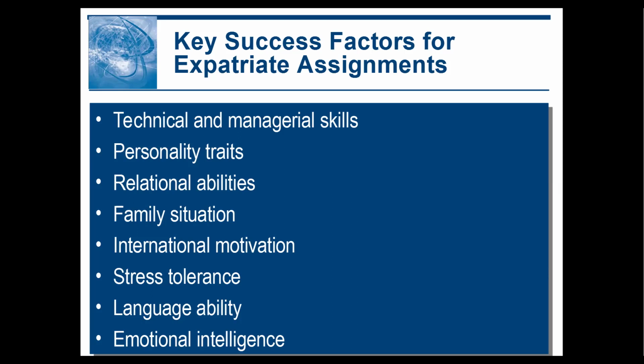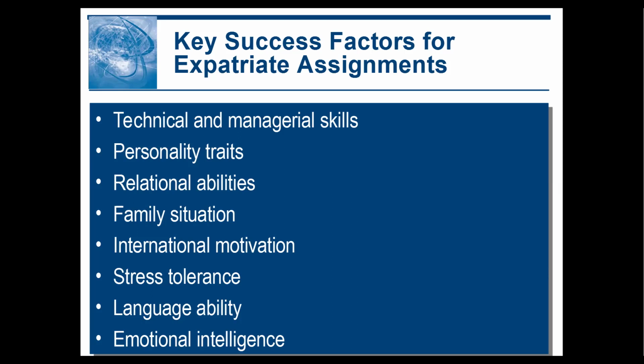Relational abilities: some people are unable to develop relationships with other people. Sometimes that lines up with personality. For example, we have learned about extroverted and introverted people. Most introverted people don't much like to develop relationships with other people. They don't talk much about themselves or other things like that.